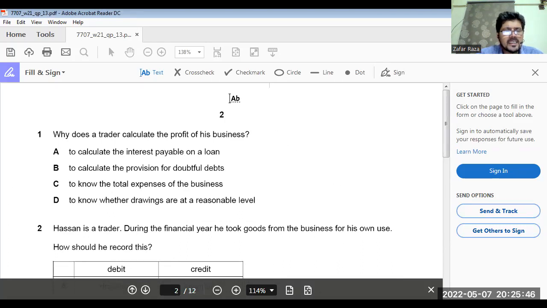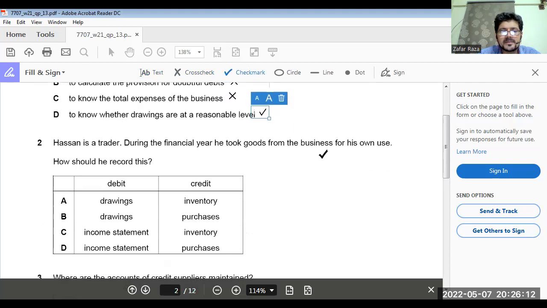To calculate interest payable on loan? I don't think so. To calculate provision for doubtful debts? No. To know the total expenses of the business? No. To know whether drawings? Now D option is left only. So yes, the correct answer is D.